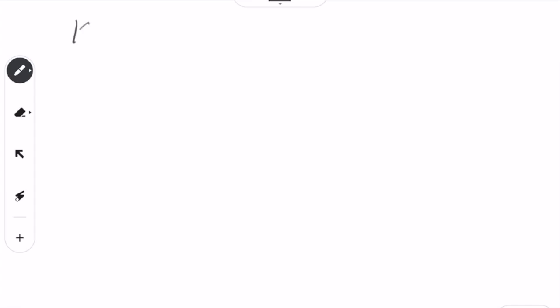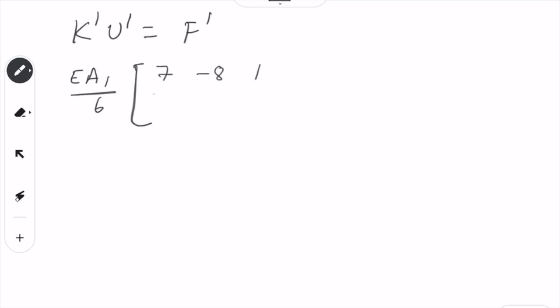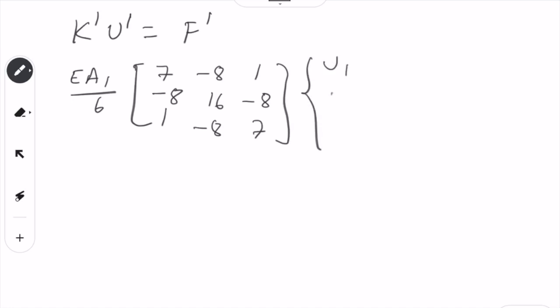So K1 U1 equal to F1, where K is equal to E A1 over 6 in this case, and we get the matrix 7 minus 8 1, minus 8 16 minus 8, 1 minus 8 7, multiplied by U1 U2 U3.